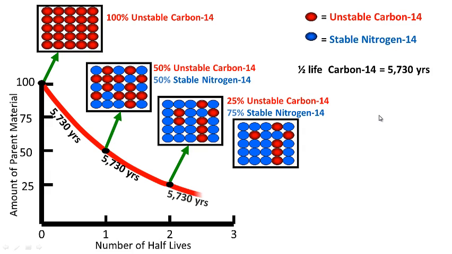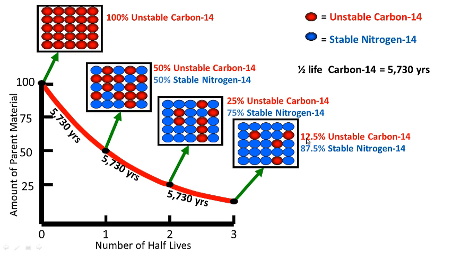So another 5,730 years goes by. 3 half-lives, and we have 12.5% unstable carbon-14 and 87.5% stable nitrogen-14.